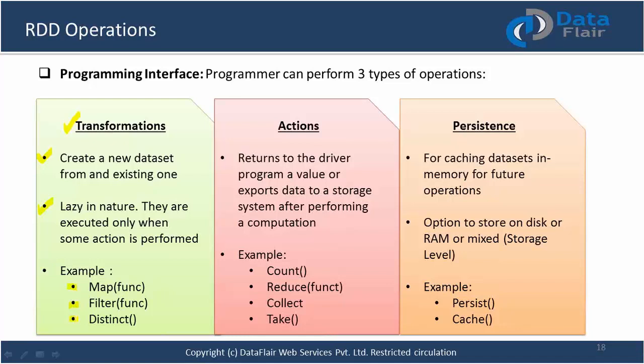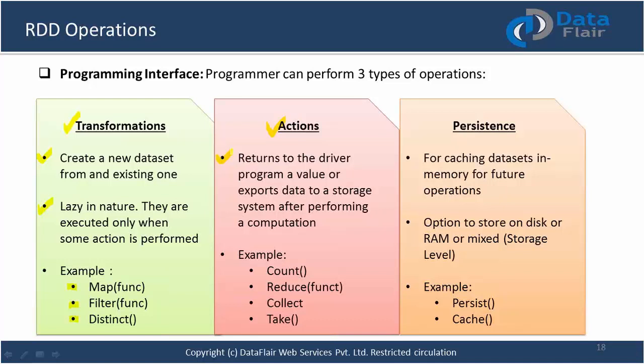So guys, in almost each and every practical, we will use different operations like transformations or actions. Now, actions. Action is the actual computation. It's the actual calculation which returns to the driver a value or exports data to a storage system.